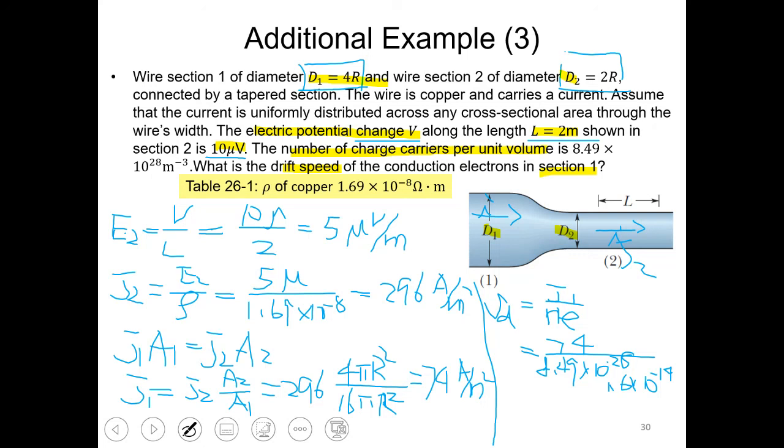So finally, v_d should be 5.44 times 10 to minus 9 meter per second.